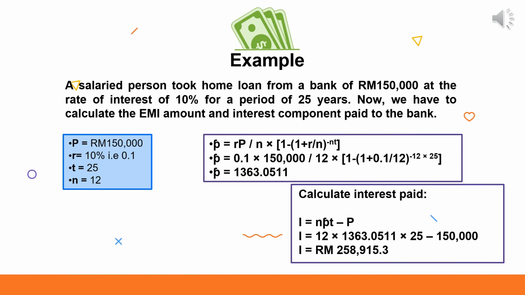Using the calculator again, we get the answer 258,915 ringgit and 30 cents for the interest paid. So this answer tells us the interest payable by the salaried person.